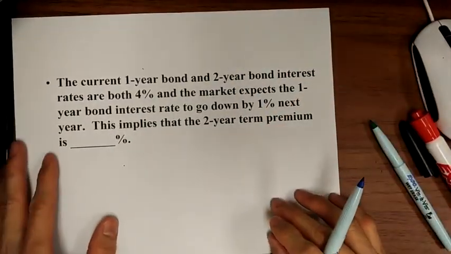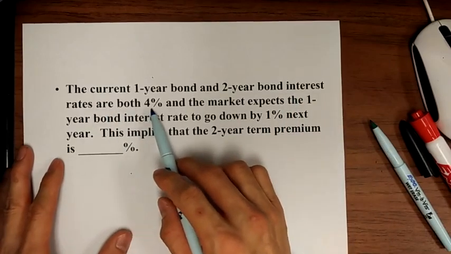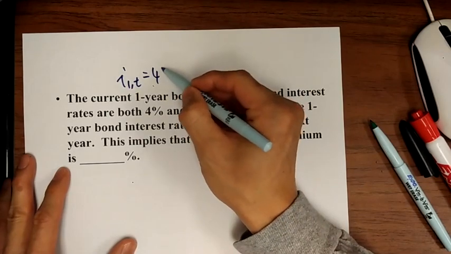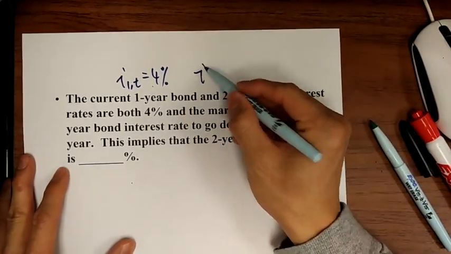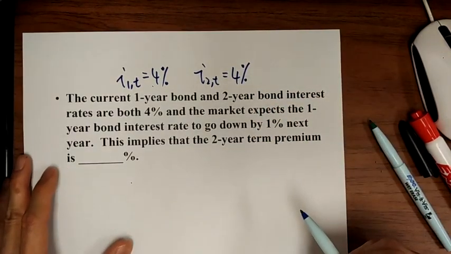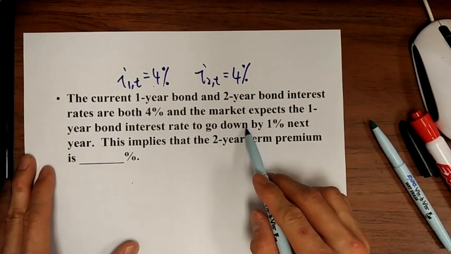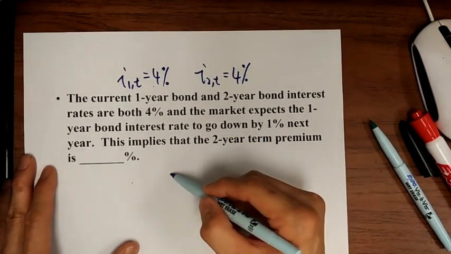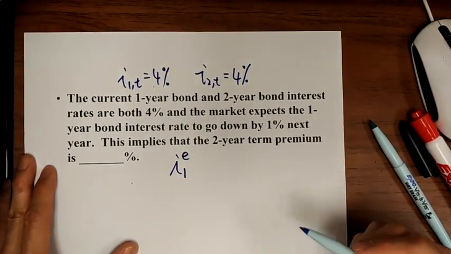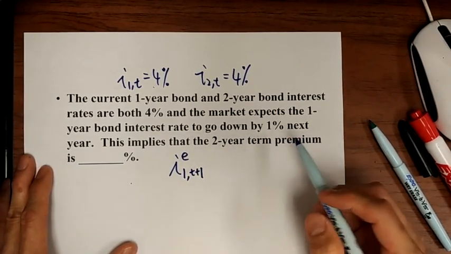The next example. The current 1-year bond and 2-year bond interest rates are both 4%. So again, the 1-year bond interest rate today is 4%. The 2-year bond interest rate today is 4%. And the market expects the 1-year bond interest rate to go down by 1%.